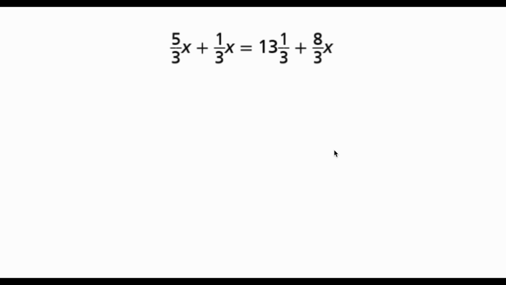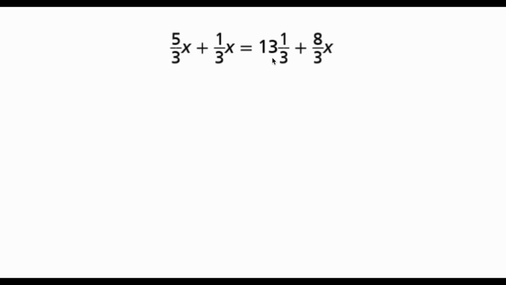All right, so in this case, this should be relatively easy because they all have a denominator of 3. Now, before we go ahead and multiply every single term by 3, I need to focus on the 13 and 1/3, because 13 and 1/3 is actually a mixed number. In order for this technique to work properly, you're going to need to turn this 13 and 1/3 into an improper fraction.